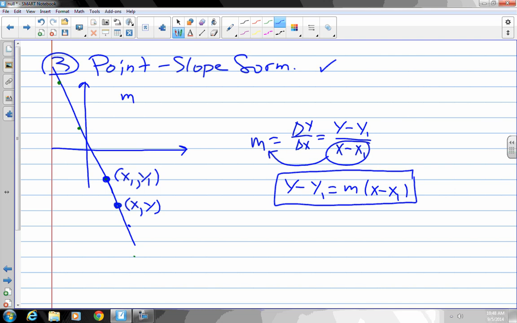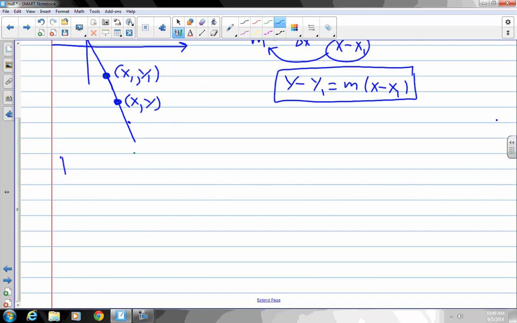The reason why I like this form is if you have a point and you have a slope, all you have to do is plug in the slope and plug in your point, then simplify, and the answer just falls out. You don't have to do any extra substitutions. So let me do the same problem. The point is 1, -2, was that right?